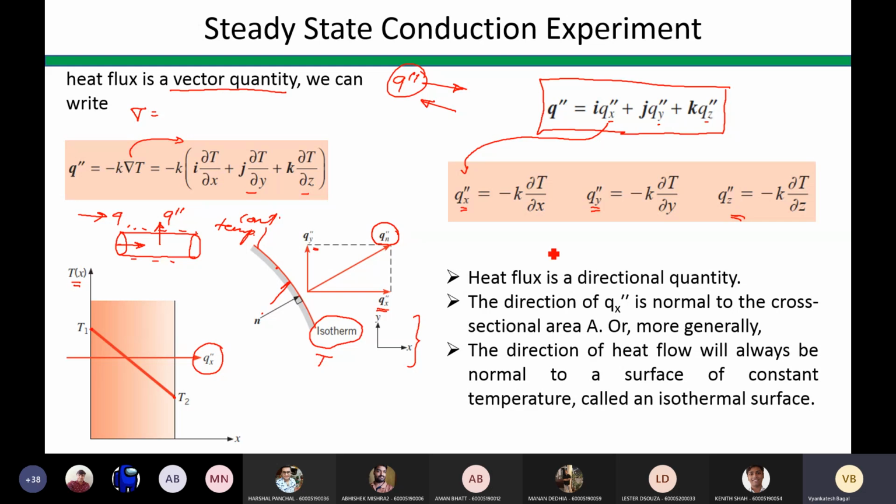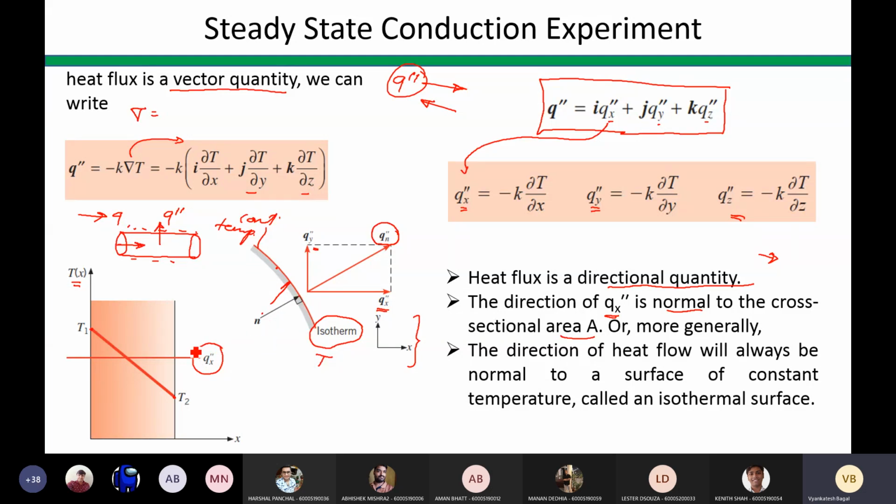So what we conclude from this conduction experiment is, number one, the heat flux is a directional quantity, meaning it is a vector quantity, it has direction. The second thing we conclude is that the direction of the heat flux Q double dot x is normal to the cross section area A. For the plane surface, it was like this, and for the curved surface, it is again normal.